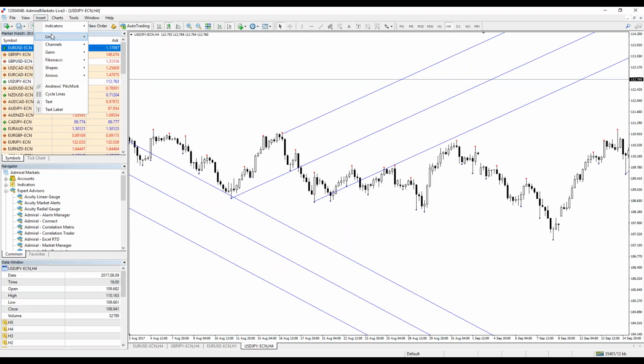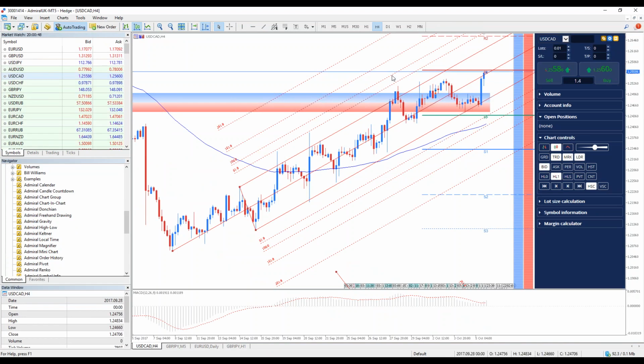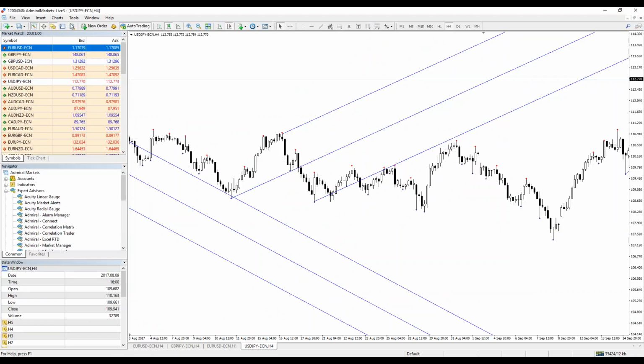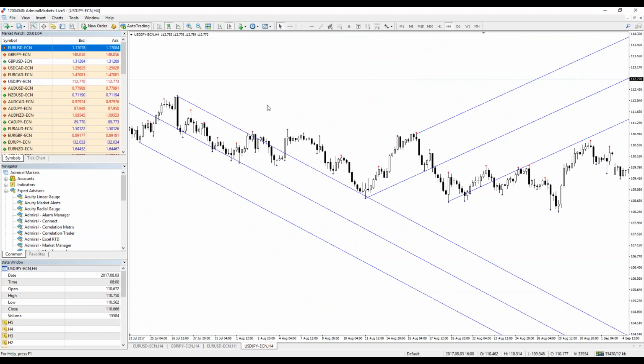There is only the standard Andrew's pitchfork that shows a trident, 3 lines. On MT5, this is standard. MT5 is a better platform than MT4. So you see, the visual representation is much better. For MT4, you just need to go to insert, and here you will see Andrew's pitchfork.